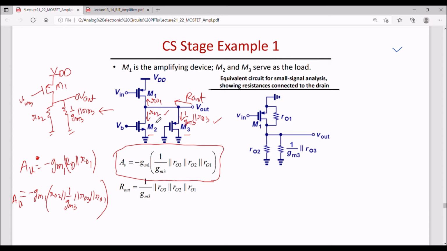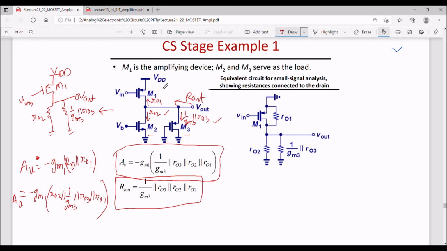That is RO1 parallel to RO2, parallel to 1 by GM3, parallel to RO3. So that is my total output impedance. This circuit was looking complex, but when I know that these are simply loads to this common source stage, the analysis becomes simple now.